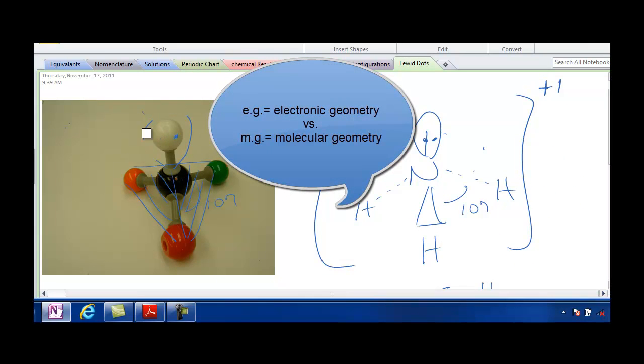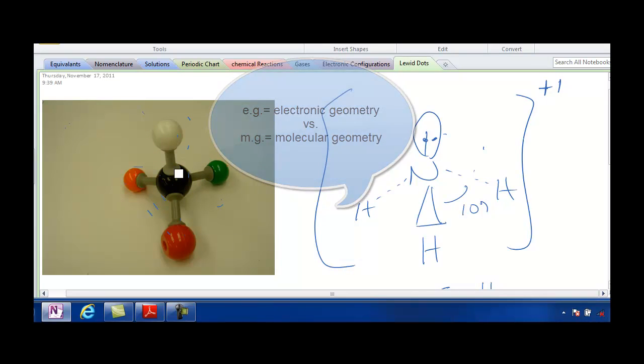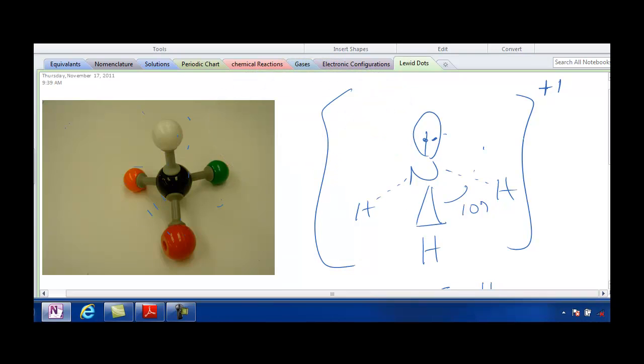Okay, so the electronic geometry is as if I was looking at the gray sticks, and I have 1 gray stick, a second, a third, and a fourth. So the electronic geometry of NH3, as opposed to molecular geometry. We've seen that the molecular geometry was pyramidal, but the electronic geometry is tetrahedral.